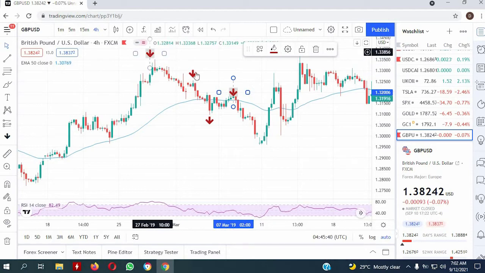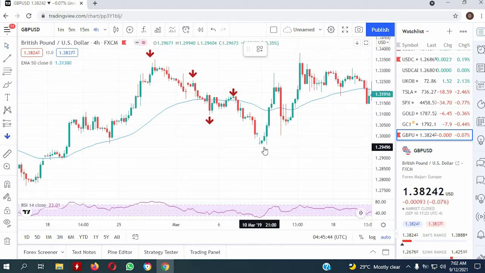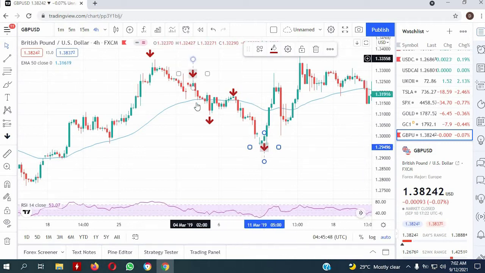So we have a series of lower lows, right? So we have a series of lower highs and lower lows, right? So what we'll be doing is looking for a trade, right?